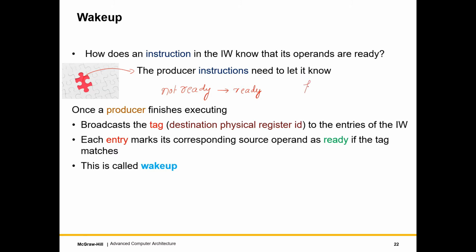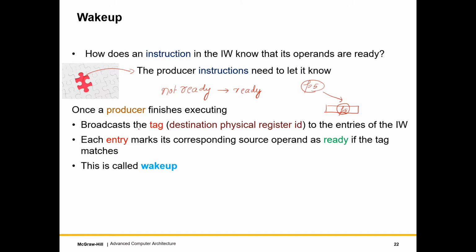For example, let us say that the physical register is P5 and P5's value is being produced and it is being consumed by a later instruction. At the moment, P5 will not be ready, but when the producer produces the value of P5, it needs to somehow let all of the consumers of P5 know. So once a producer finishes executing, it broadcasts the tag.